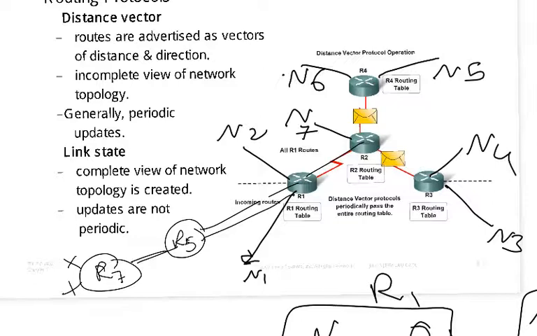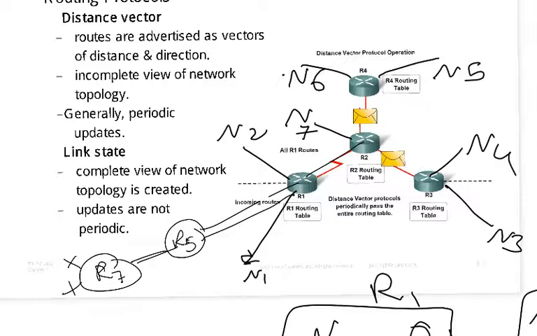So those are two different mechanisms. One works based on distances, and the distances get accumulated. So you have to imagine that in order for me to get a route which is 10 hops away from me, I have to get it gradually, because these updates come every now and then.